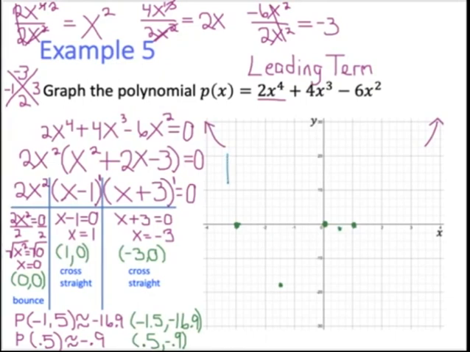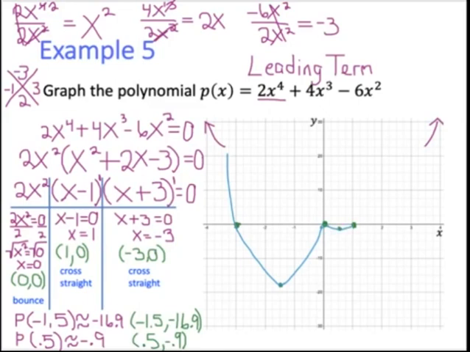So our graph is going to come straight down from the second quadrant. And then it's going to go through our test point. And then it's going to bounce off of x equals 0. And then it's going to go down through our test point.